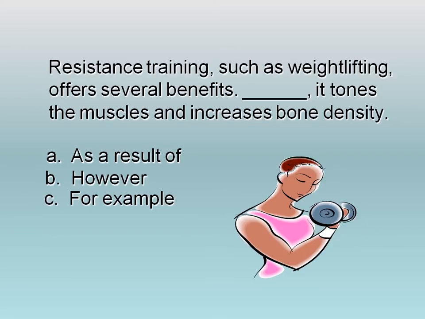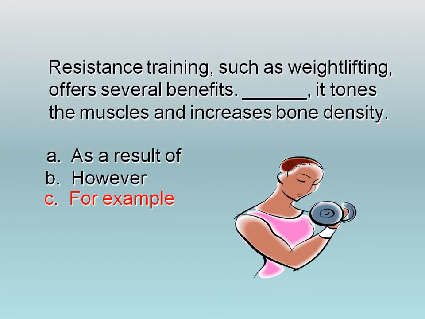Read the following sentences and choose the word that best states the relationship between the sentences. The transition that best states the relationship between these sentences is choice C.